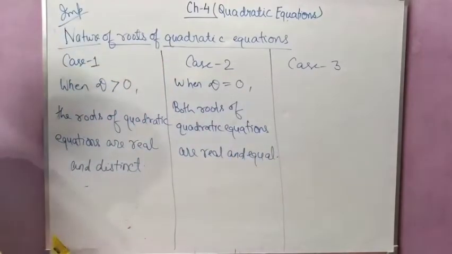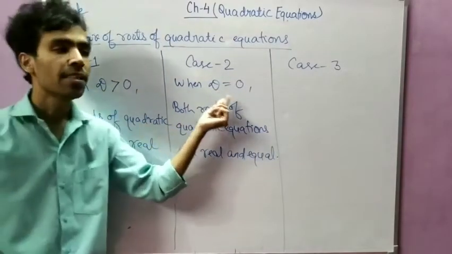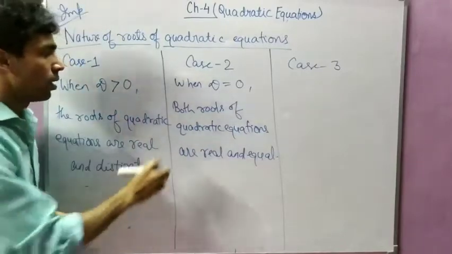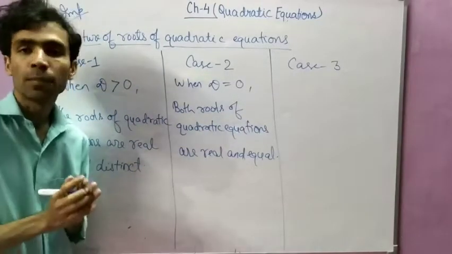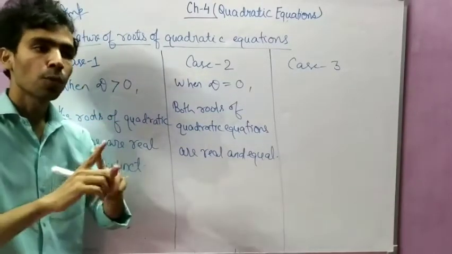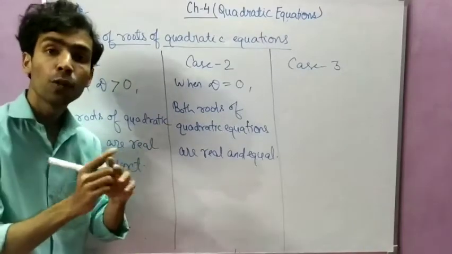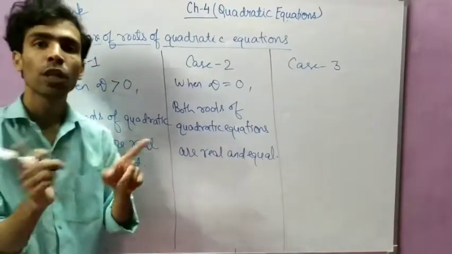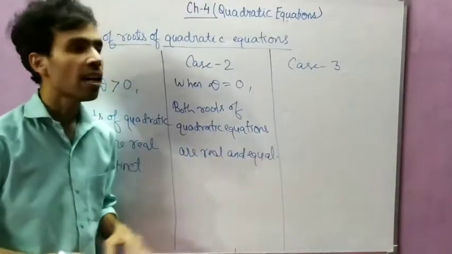Okay, so when the value of D is equal to 0, both roots of the quadratic, both roots means there are two roots, are real and both will be equal, means the value of both the roots will be equal. So this is our second case.